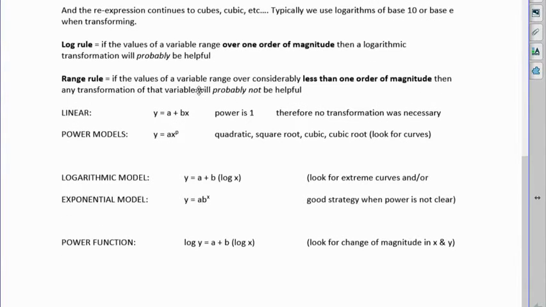So, when you're trying to decide what to do, if you see things that are increasing exponentially, then probably a log is going to be involved in transforming that data. If you see things changing by orders of magnitude, like going from 10 to 100 to 1,000, that's a very good estimate that you're probably going to be using logarithms.